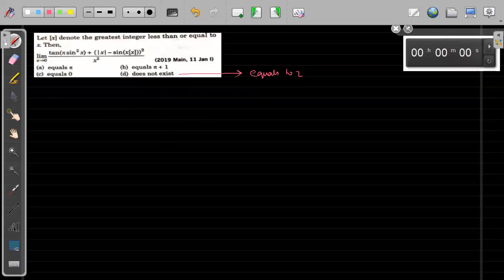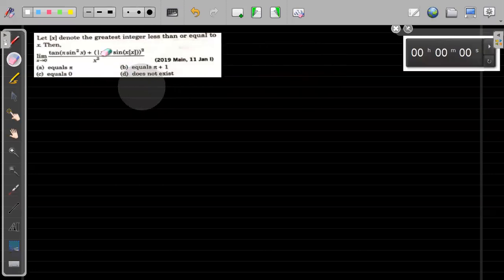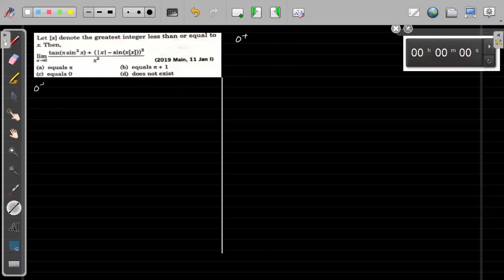That means the left hand limit has to be equal to the right hand limit, so I will simply calculate either the left hand limit or the right hand limit. Instead of does not exist, if it was written none of these, even then I would have to check left hand and right hand. But because they have given does not exist, you have to check 0 plus and 0 minus both. So I will check left hand and right hand separately.